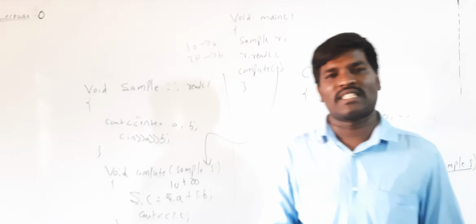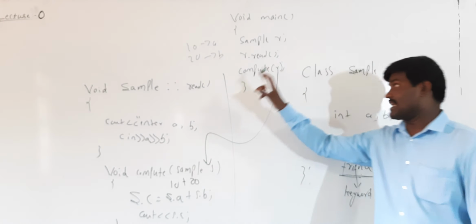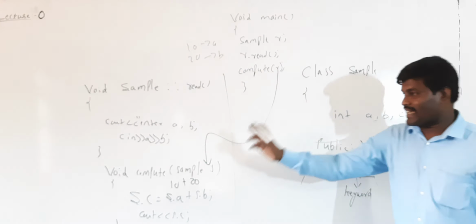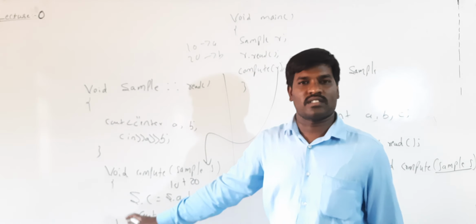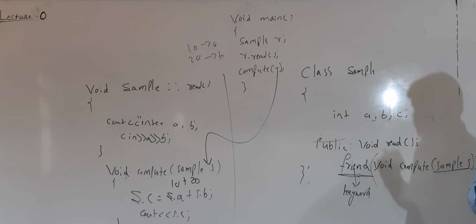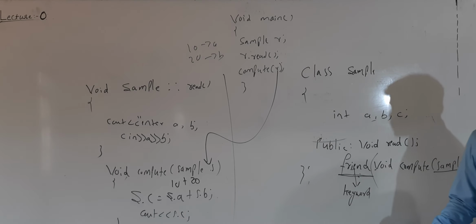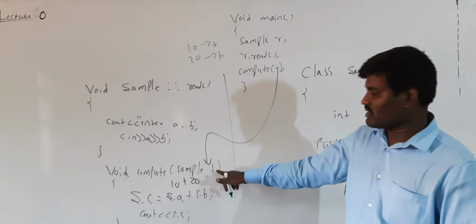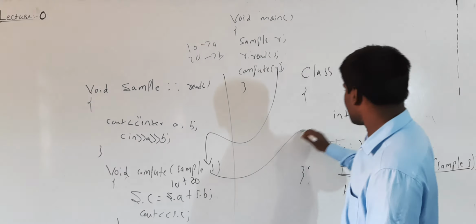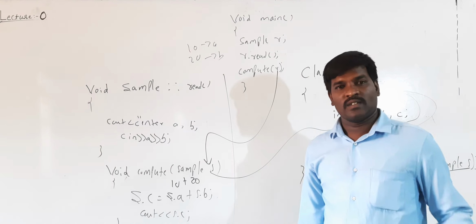Automatically the system will generate an error message to the user because this is not a member of the class. Directly this function does not have any rights to access a, b, c. Indirectly it will get the rights. How? With the help of the object. With the help of this, yes, it can access a, b, c. That is the fourth characteristic.